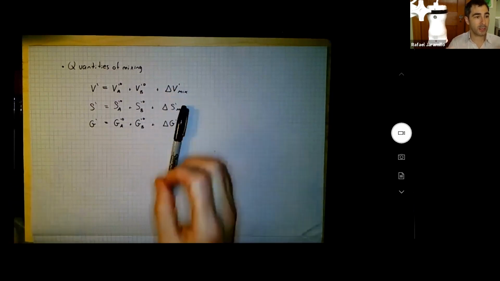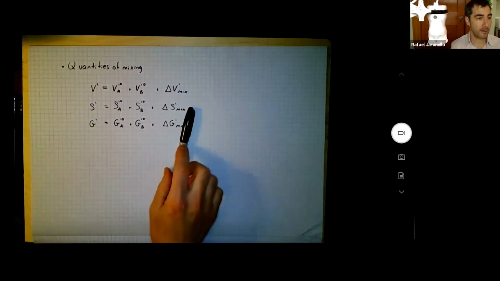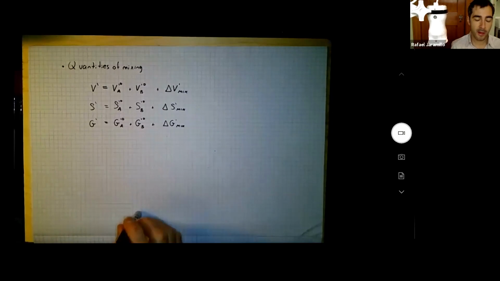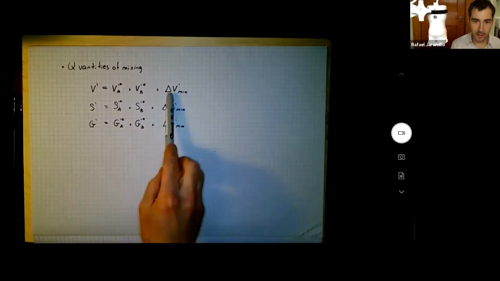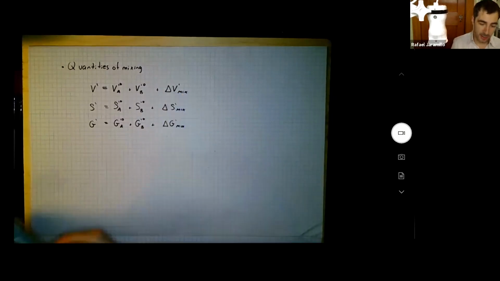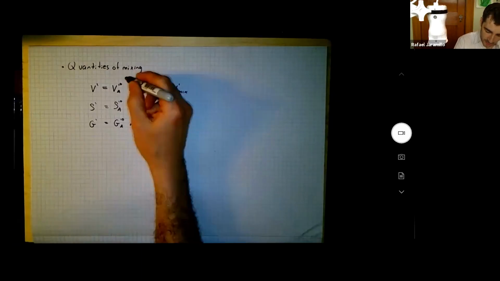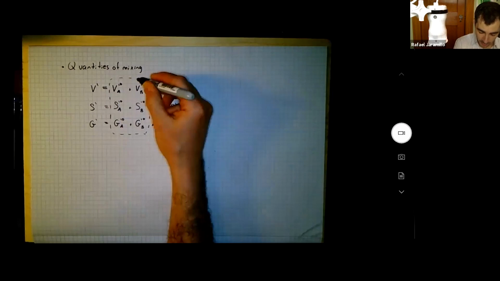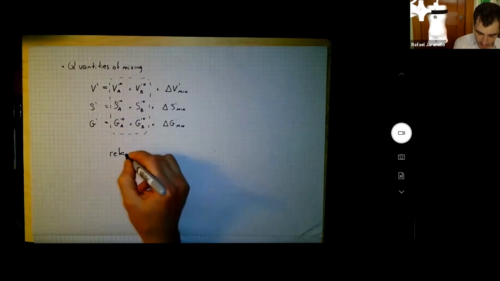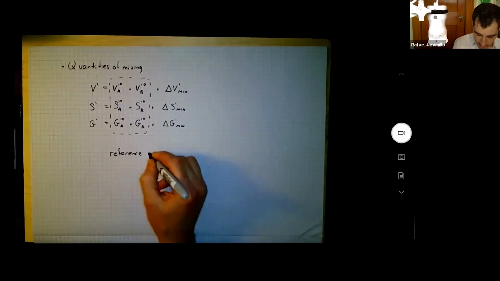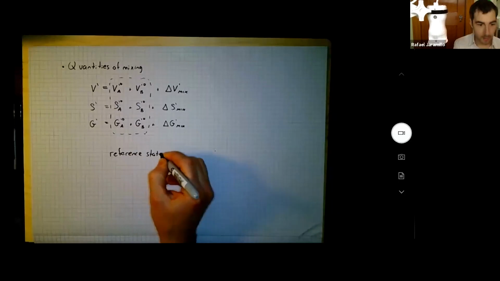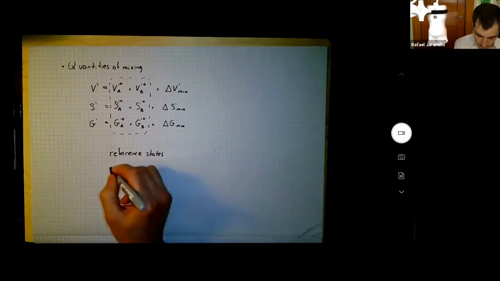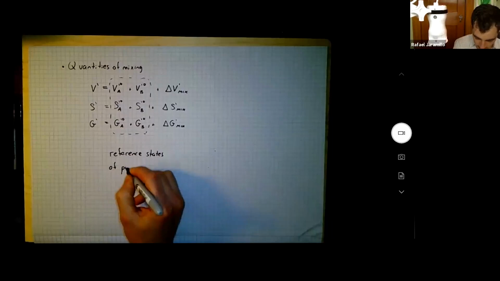If there are chemical interactions that cause the thing to swell, as is the case with glass formers, then that becomes positive. Okay, so let me just make this clear. We have this sort of structure here. These are the reference states of pure components.